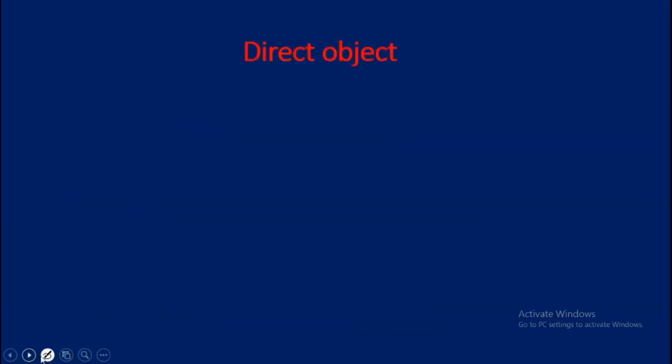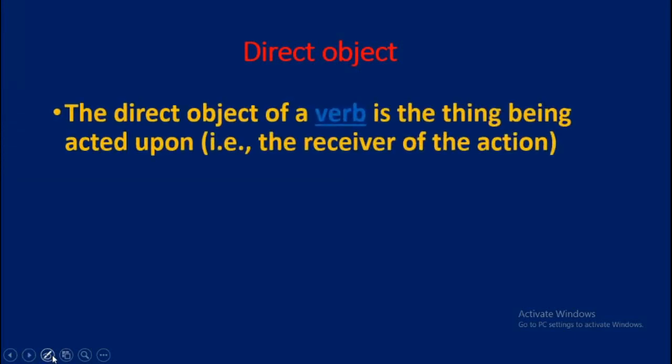To understand the passive voice better, one must identify what is the direct object in a sentence and what is the indirect object. The direct object of a verb is the thing being acted upon, that is, the receiver of the action.